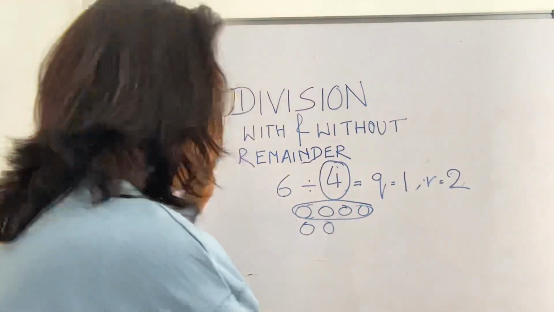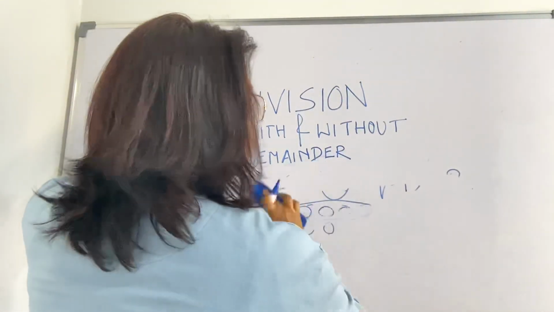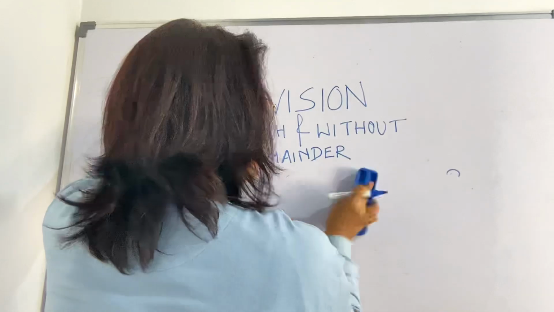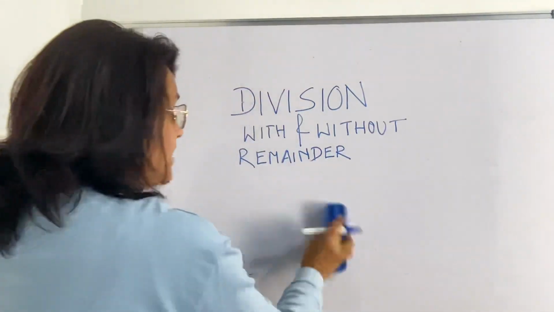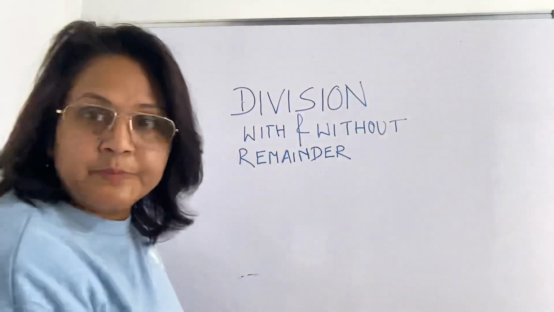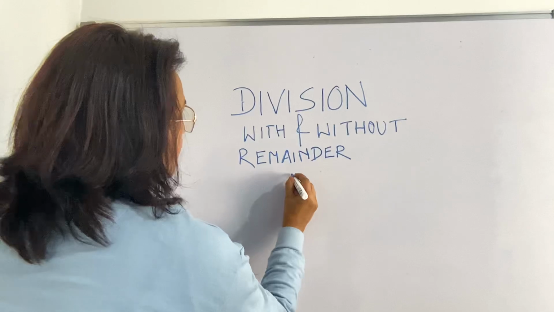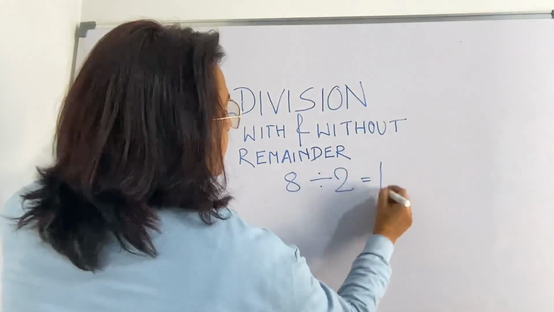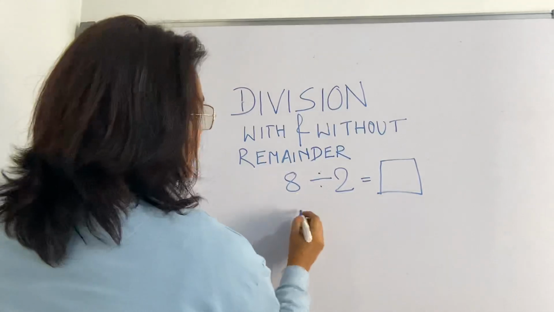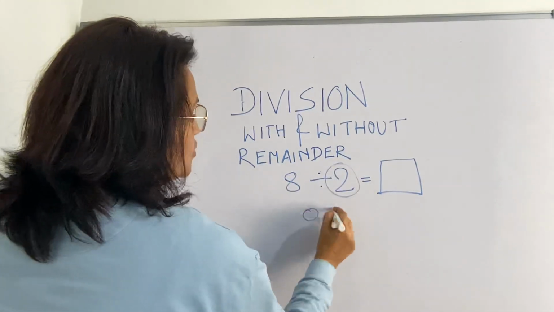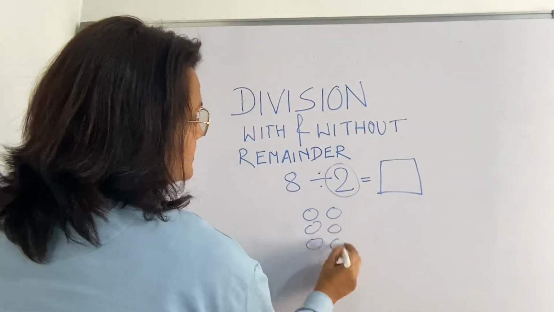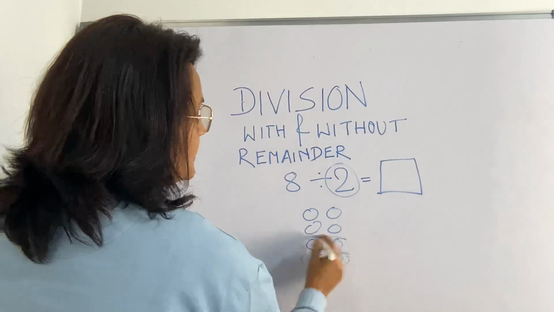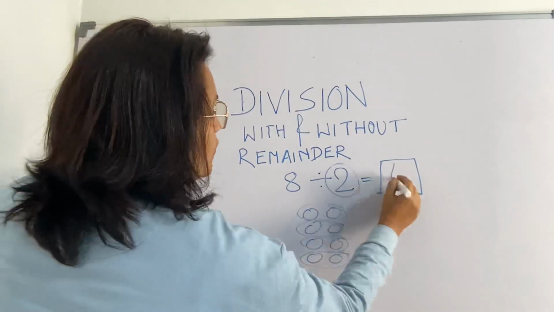Then going forward, we have to teach our child how we understand the multiplication and division concept together. So here when we say 8 divided by 2 is equal to, and we have just written 2, 1, 2, 3, 4, 5, 6, 7, 8, we say the answer is 4.